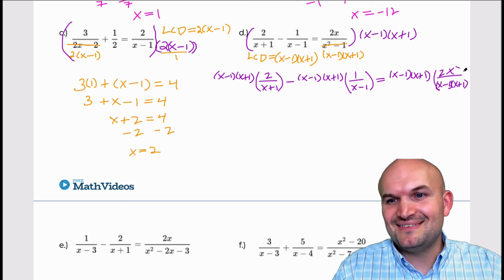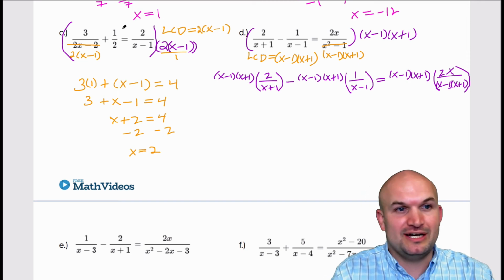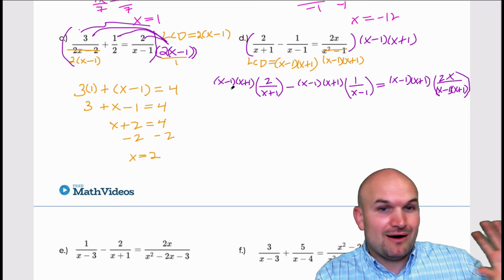See, running just out of some space here, but I had enough. And that's basically the operation I did here. I applied distributive property here, I just didn't show my work. So now I'm showing all my work.